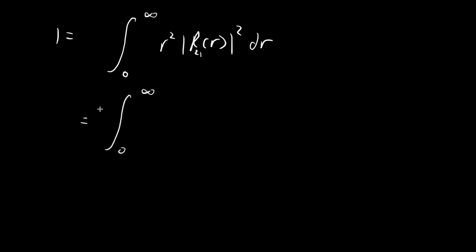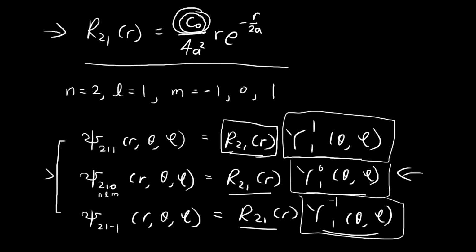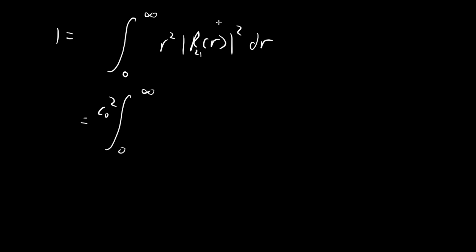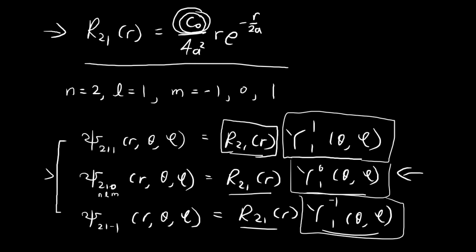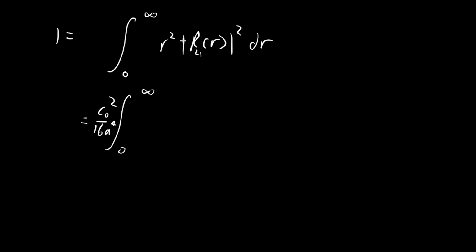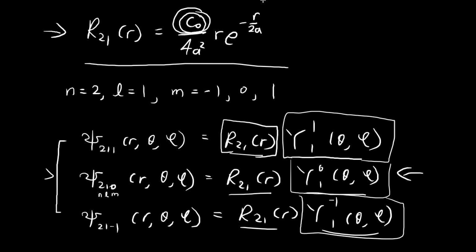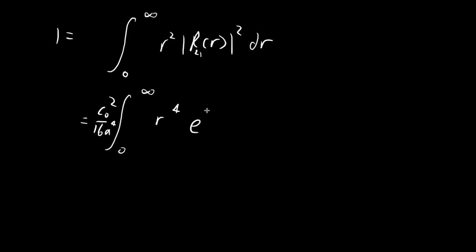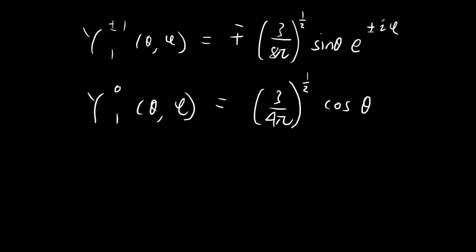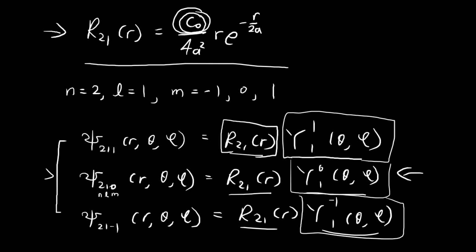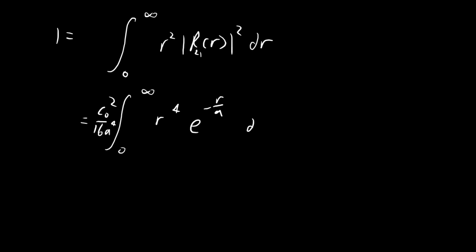By squaring this, you can see that we have c0 squared divided by 16 a to the power of 4, and then we are going to have an r squared multiplied by another r squared, so that's r to the power of 4, and then we're going to square this e term. So it becomes e to the power of negative r divided by a. So we get rid of the 2 in the denominator, and then dr.